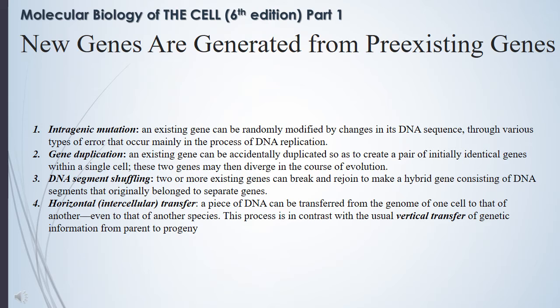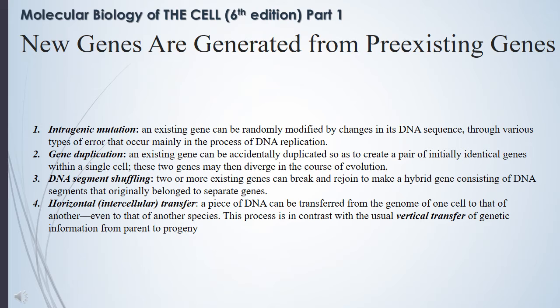One form of genetic variation is known as intragenic mutation, which is basically an existing gene being randomly mutated, which in turn is a change in DNA sequence, through various types of errors, which occur mainly in the process of DNA replication.